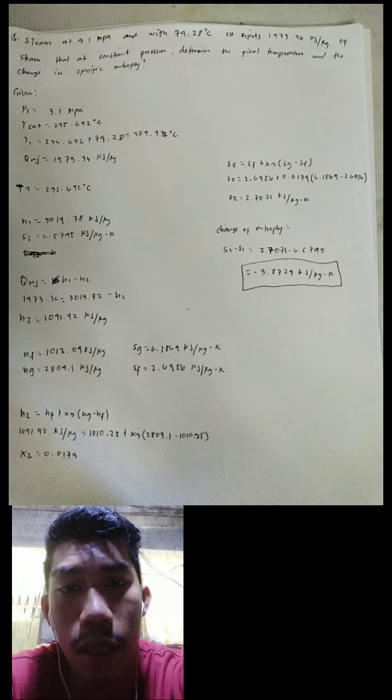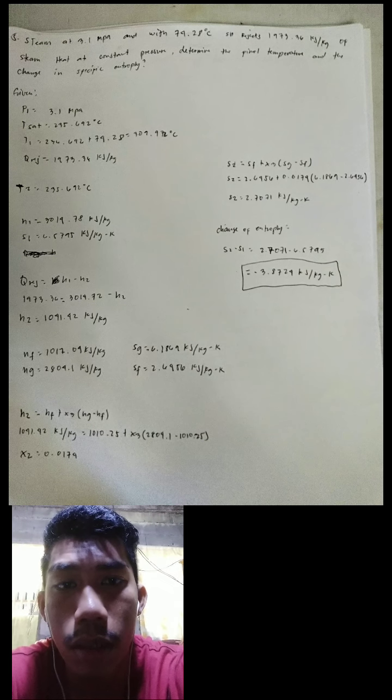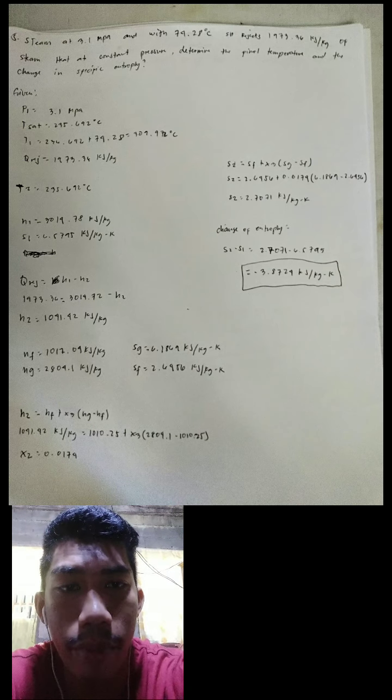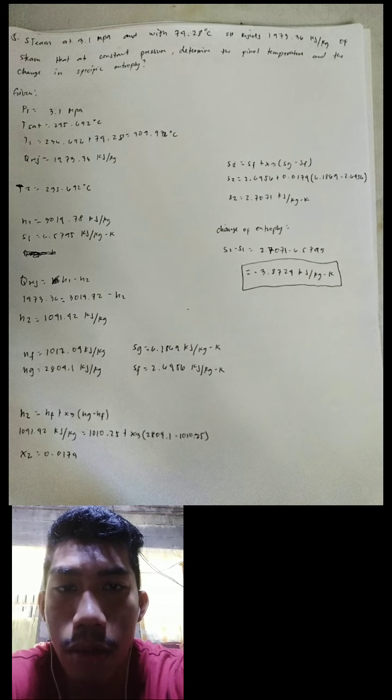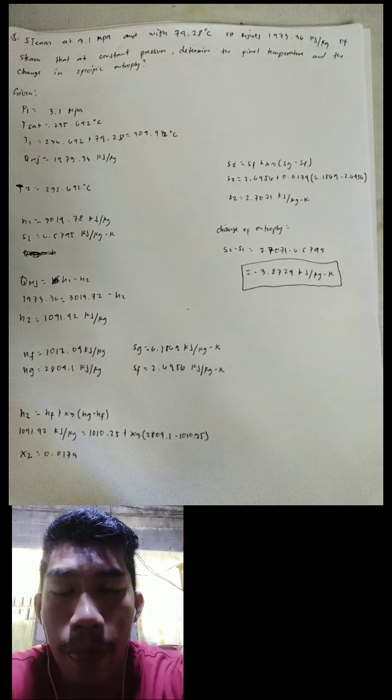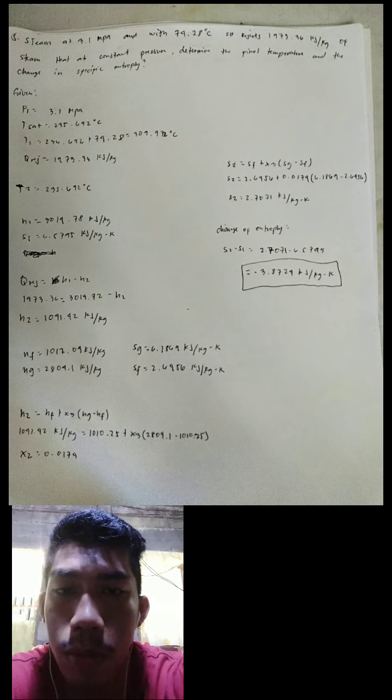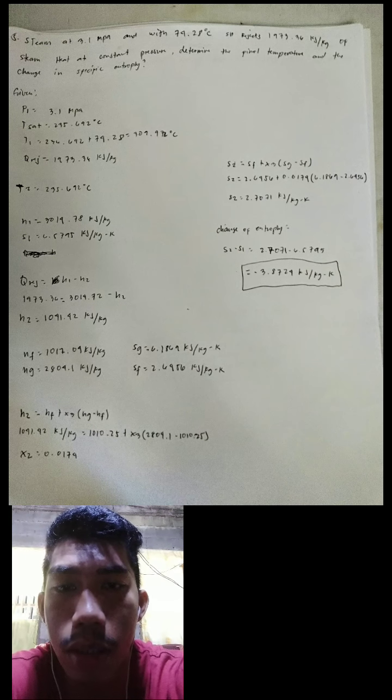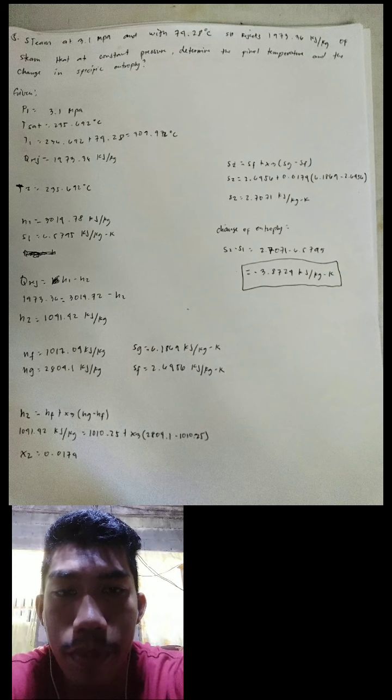Hg is 2804.1 kilojoules per kilogram. The Sg is equal to 6.1869 kilojoules per kilogram-K, and the Sf is equal to 2.6456 kilojoules per kilogram-K. So to find the X sub 2, we must use the formula H2 is equal to Hf plus X2 multiplied by Hg minus Hf.